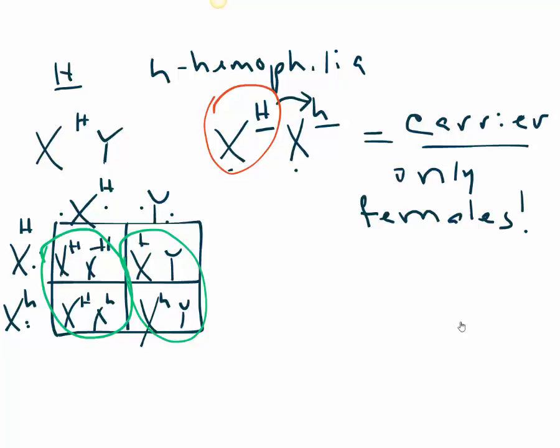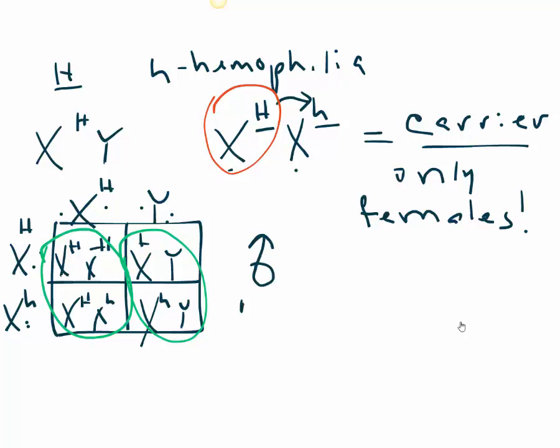When we look at the genotypes for this sex-linked example, we have to separate out the males and the females. The symbol for male in science is this.